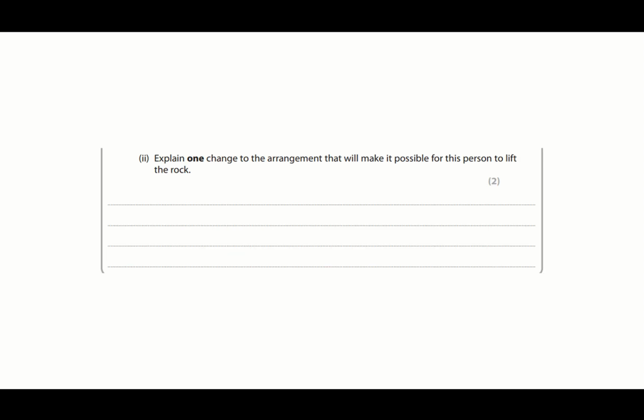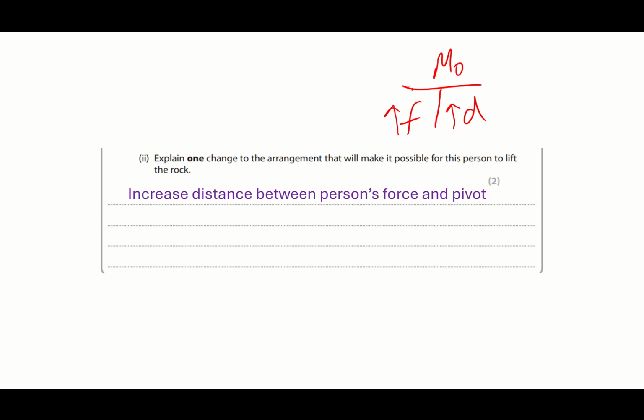Explain one change to the arrangement that will make it possible for the person to lift. We've just said turning moments equal force times distance, so the two things I can change are to increase the distance from the pivot or increase the force. Increase the person's distance from the pivot, 1 mark. Increase the person's force, but it says explain one change, so that is not 2 marks.